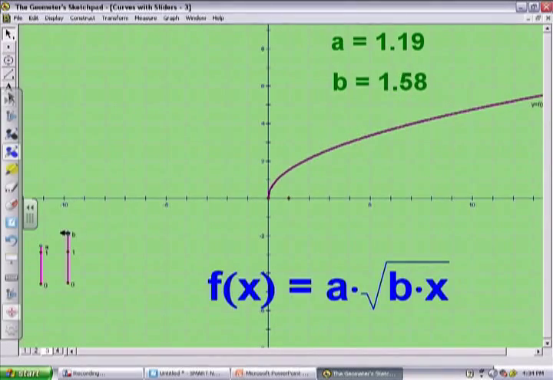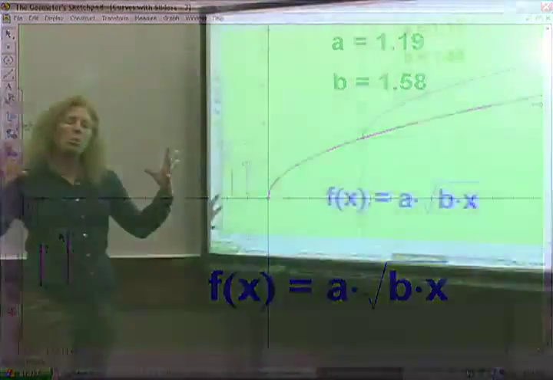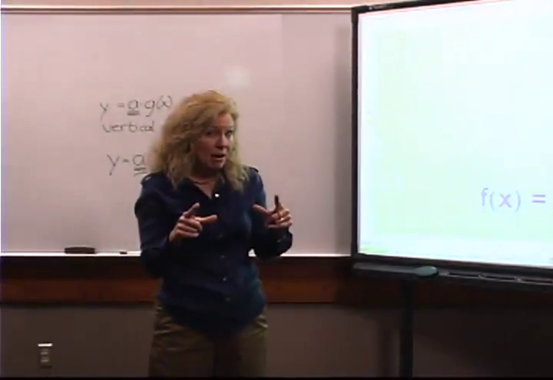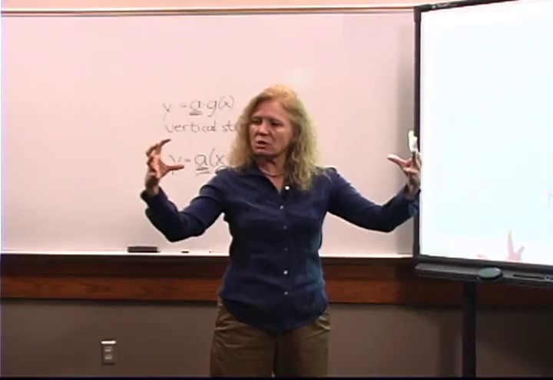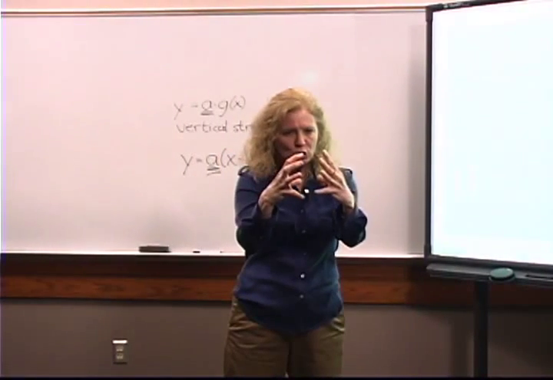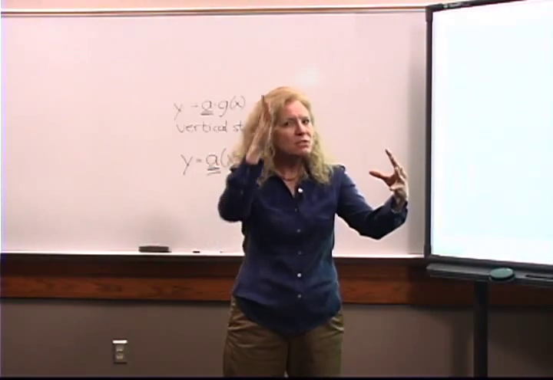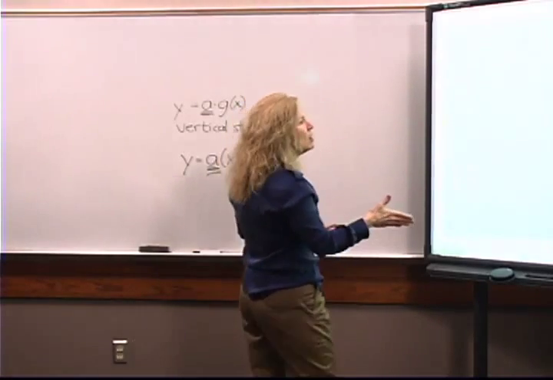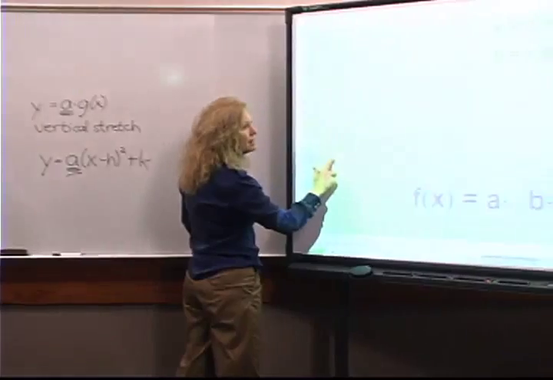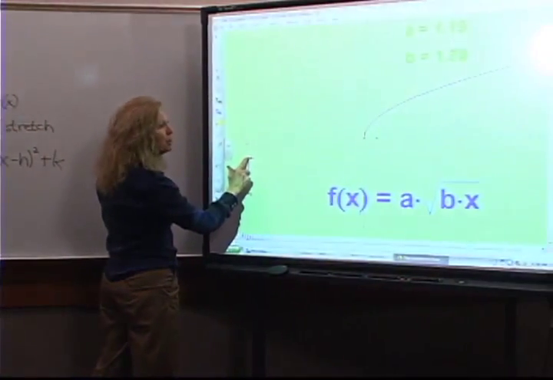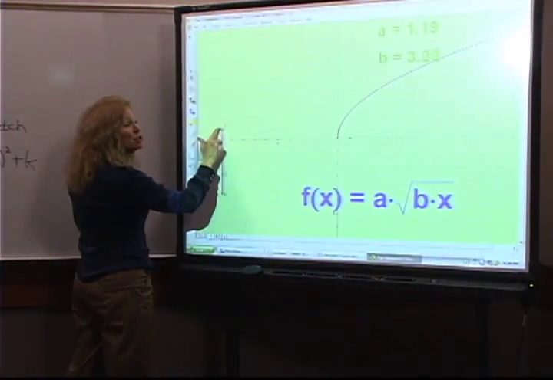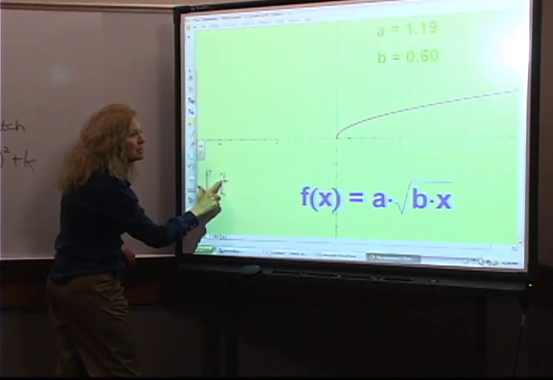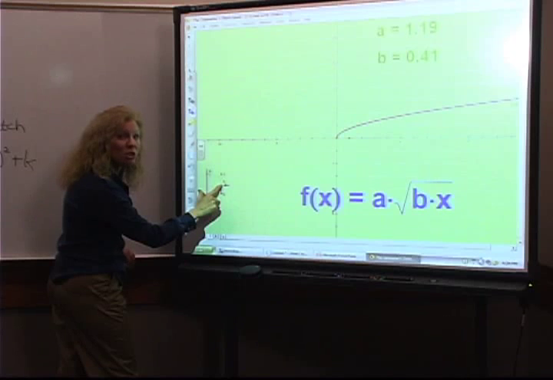When I say in towards the axis, in the case of the horizontal, and I don't think we made that point back on the sine curve, the horizontal compression or stretch is all relative to the y-axis. Okay? So, right here, as I make this b value bigger, it is compressing in towards the y-axis. And if I make it a little bit smaller, it's actually stretching away.